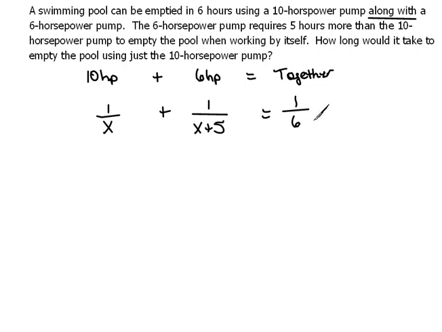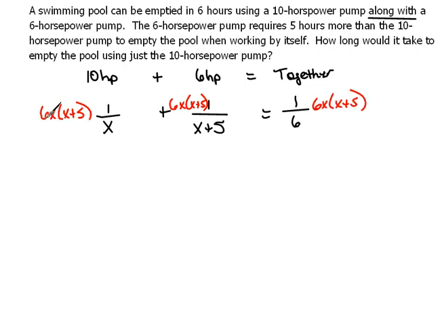So it could do the job in x plus 5 hours. Now we have our equation set up, and we can multiply through by the common denominator, which in this case would be 6x times x plus 5. We have to take a little piece of everything. So I'm going to multiply every single term by that common denominator.